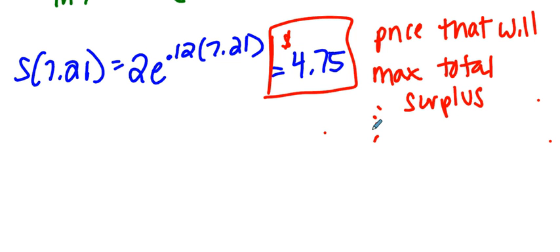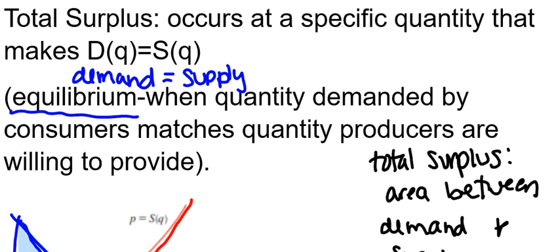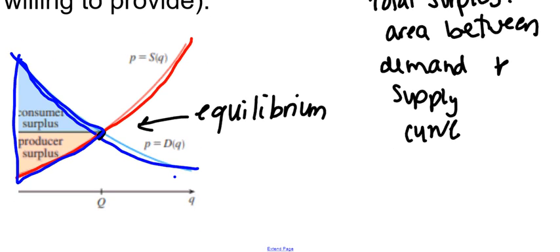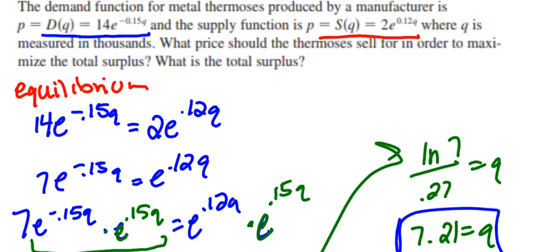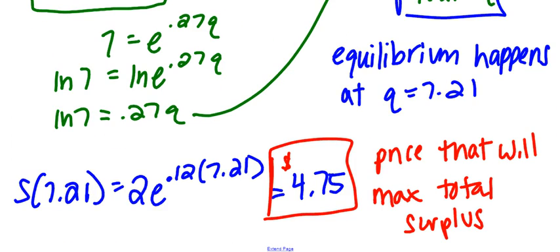Now we actually have to find the total surplus. And we're going to do this with an integral, because remember back on this page, we said the total surplus is the area between, which means an integral. So we're going to do the area between. So we're going to go from 0 to, and then remember when we did our other surpluses, consumer and producer, we used the quantity.